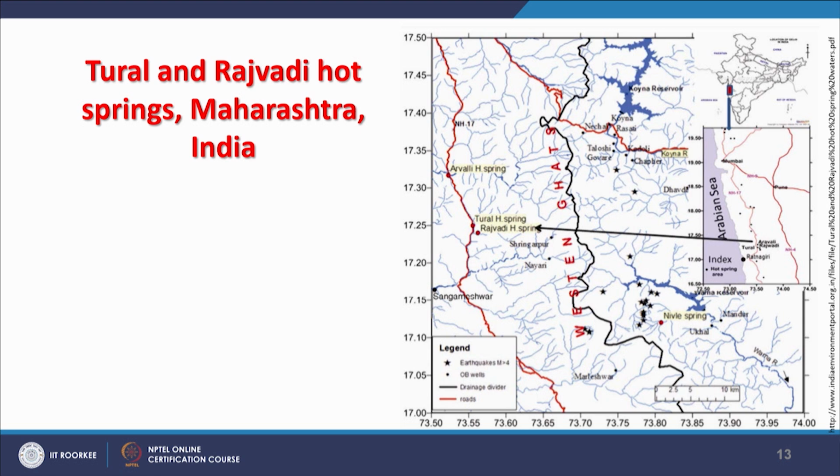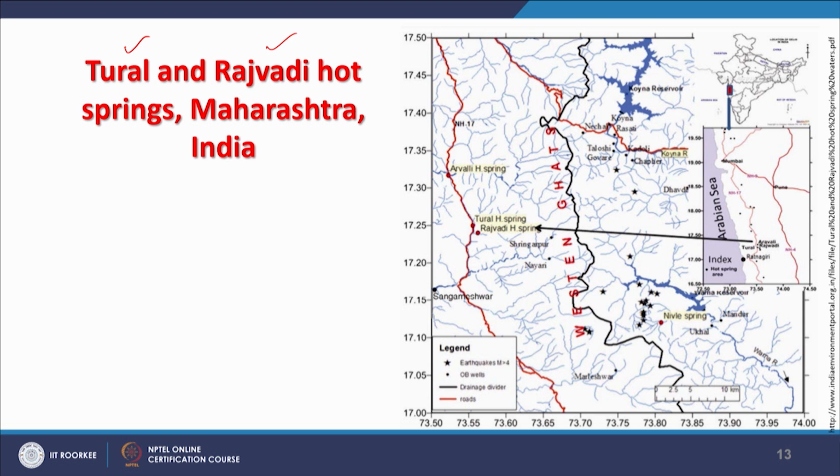The earlier geological cross section I showed was about these two hot springs, Tural and Rajabadi hot springs of Maharashtra, India, which is in Deccan Trap terrain. On the surface, of course, you have Deccan Trap, so volcanic activity held million years ago, but not currently.